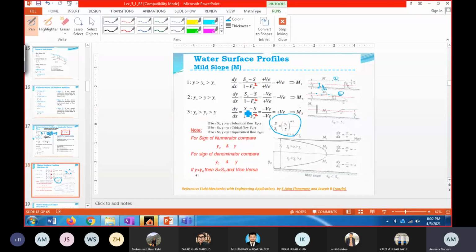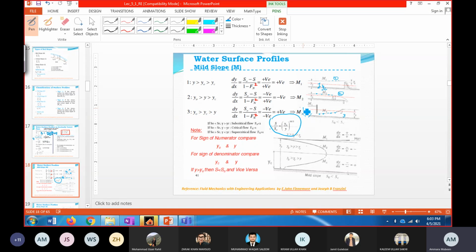Similarly, you can sketch the third, when the depth of flow is less than yc value, as this depth is yc. So when the depth of flow is less than yc, these are the points of depth, and it is considered as the third zone. So when depth of flow is in the third zone, then you can say that it is M3 profile. Let me know if there is any question.